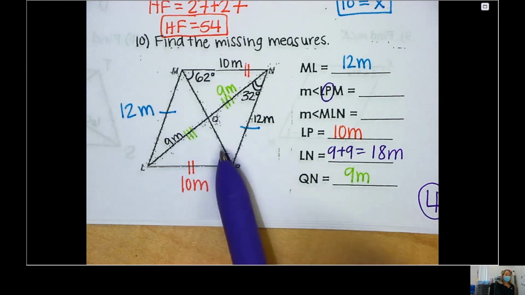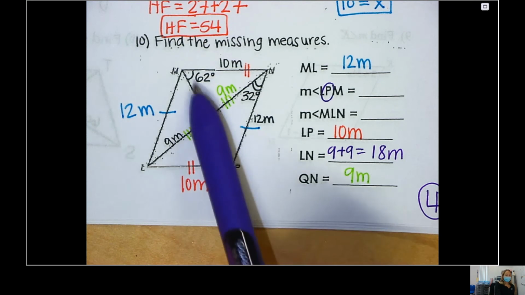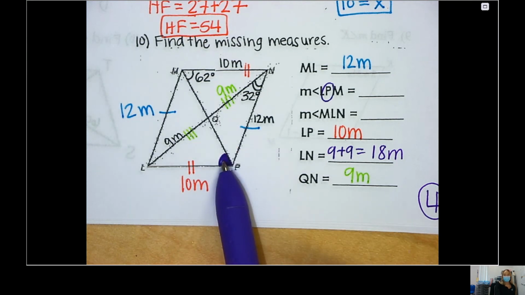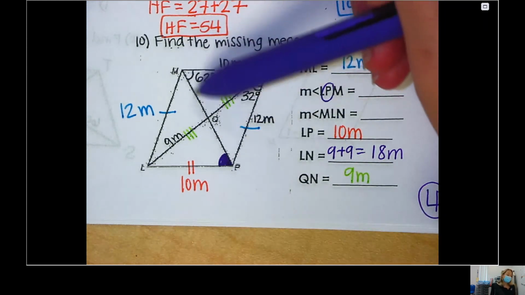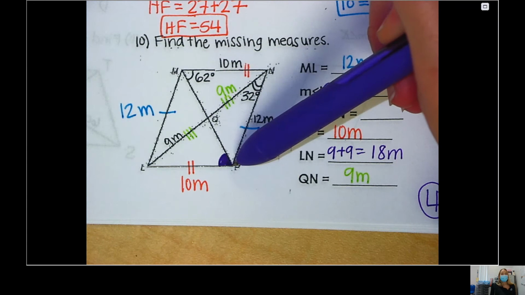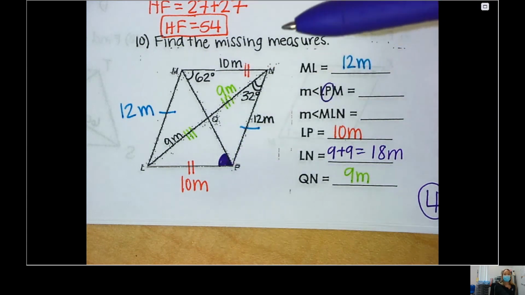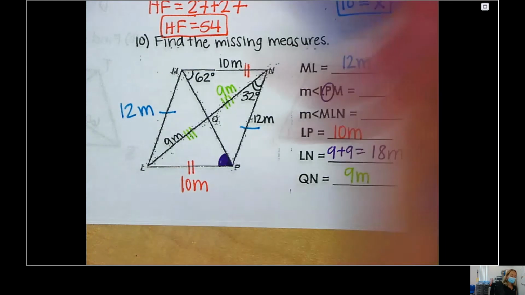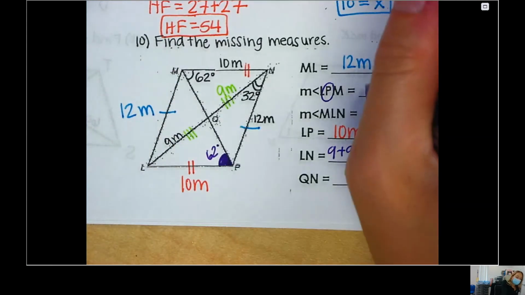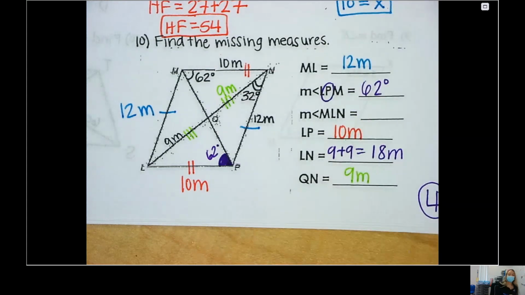Are these angles on the interior or the exterior? This angle 62 and this angle over here. Are they on the interior or the exterior? Interior. Are they on the same side of this line or on alternate sides of this line? Alternate. So if you remember, these are called alternate interior angles. They are, in fact, the same. This is also 62 degrees.